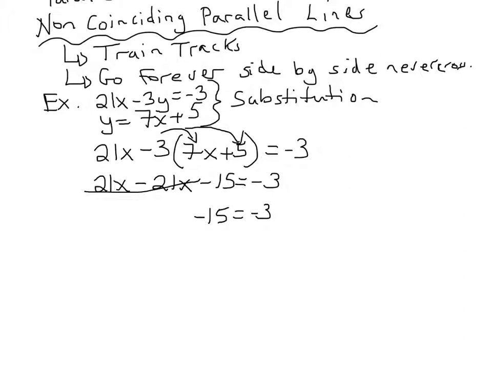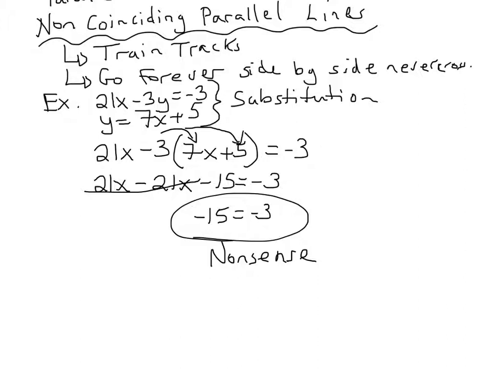Does that make any sense whatsoever? No. Does negative 15 equal negative 3? No. If you complete solving a system of two equations and you end up with an answer that is nonsense, which here doesn't mean your grandma telling you you're full of nonsense, it means that it's absolutely not true.